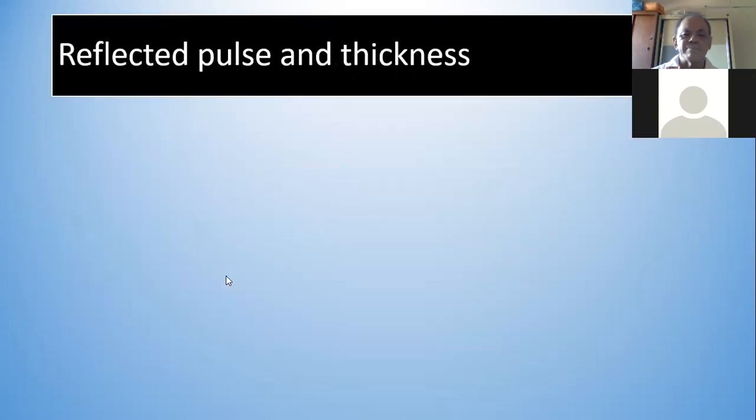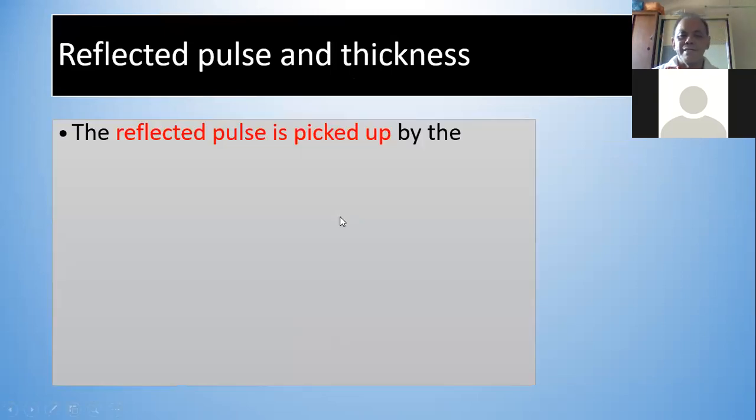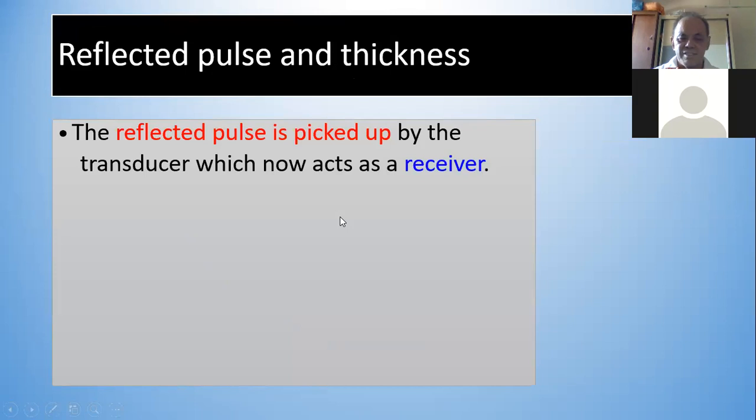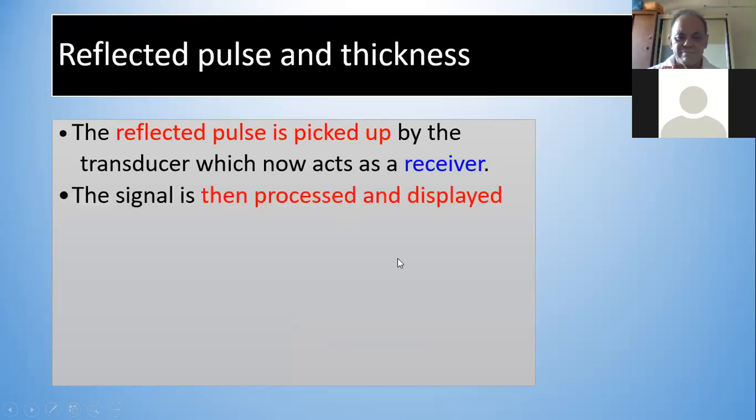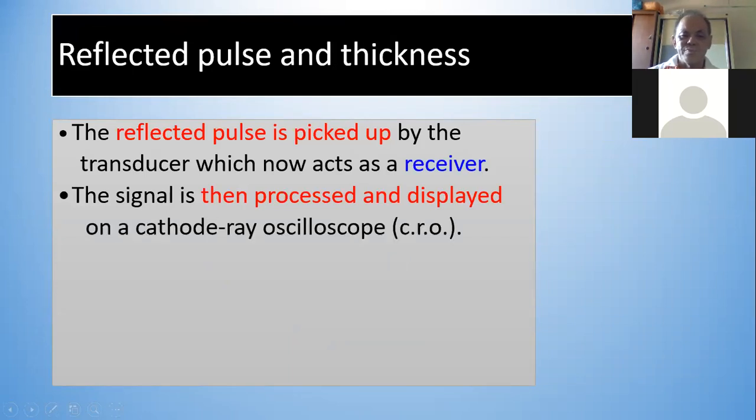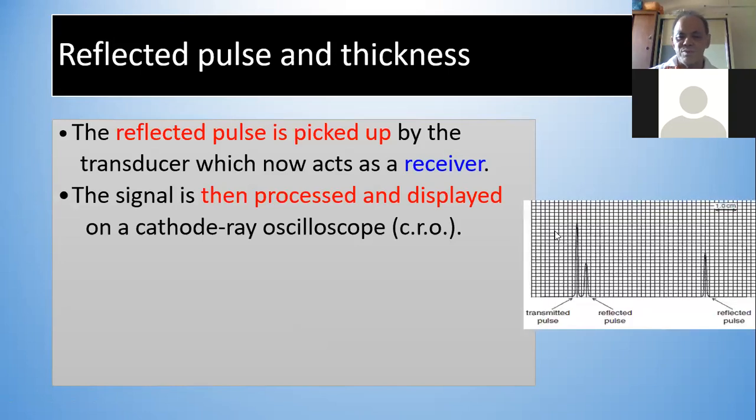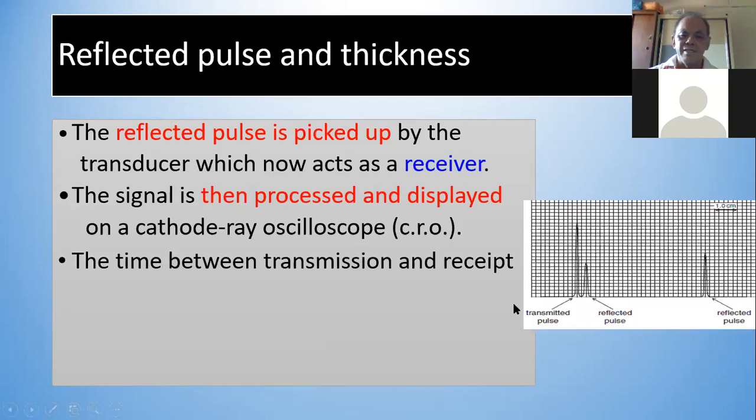The reflected pulse is picked up by the transducer. That's reflected, it must go out of the skin, so the transducer acts as a receiver now. The signal is processed and displayed on the cathode ray oscilloscope. That's what we see. That's the first one. Then we must explain how to find the thickness.